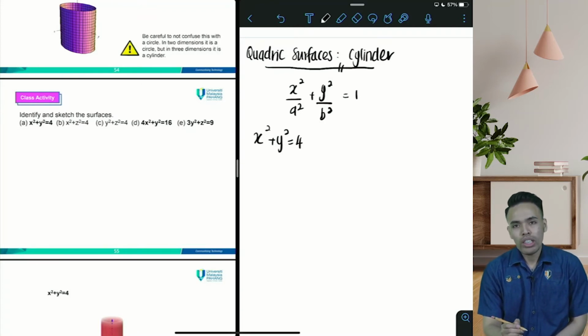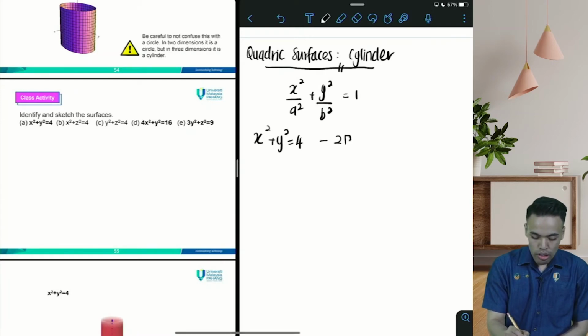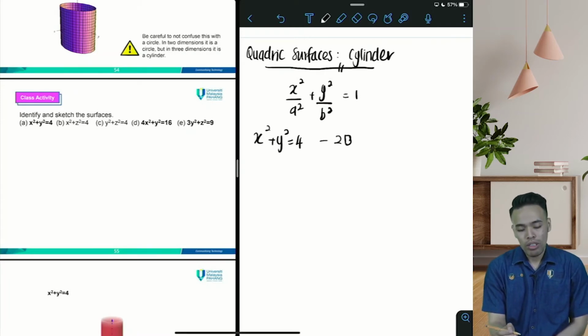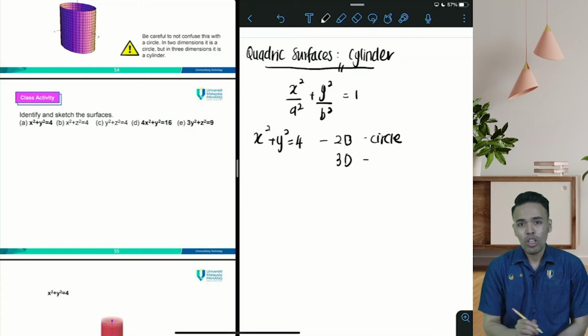But in a three-dimensional coordinate system, we will call it a cylinder.